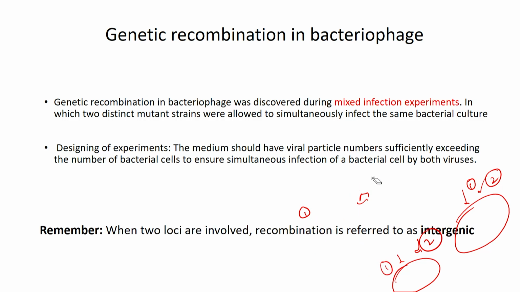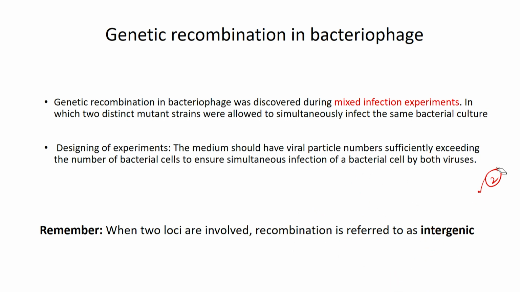One thing you need to remember: we are talking about recombination happening between two different loci, and when two different loci are involved, we say it is intergenic.